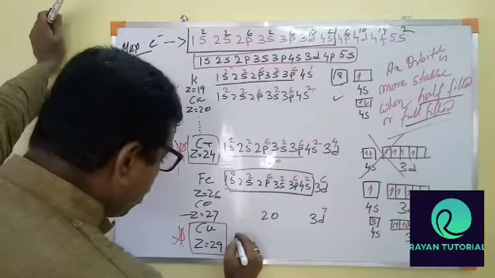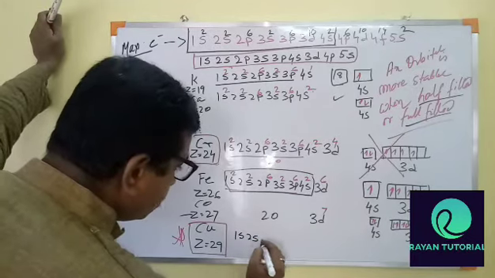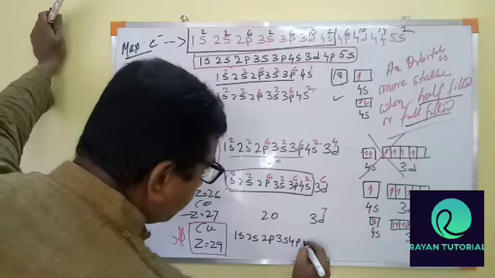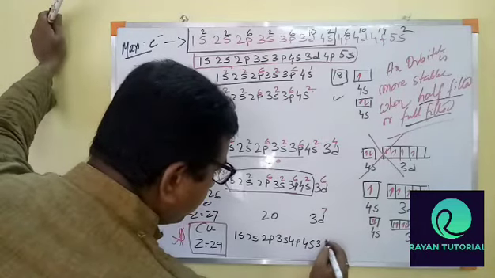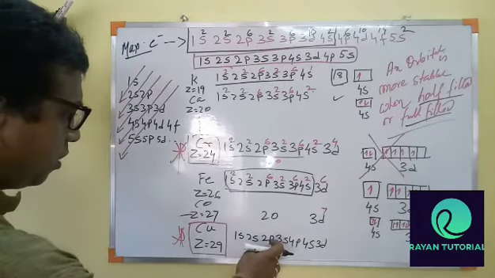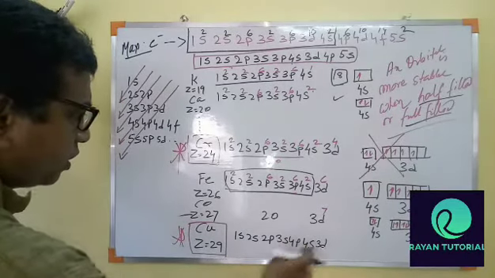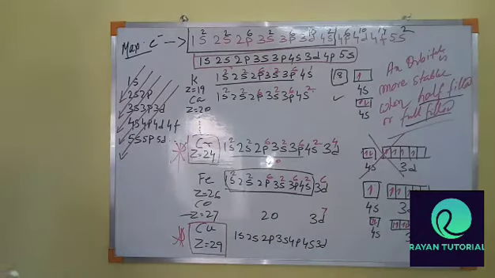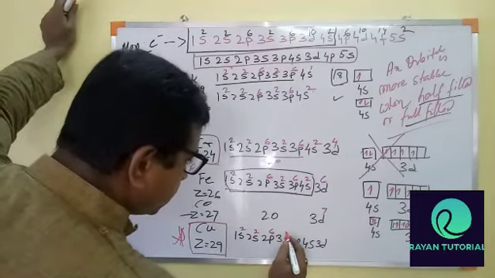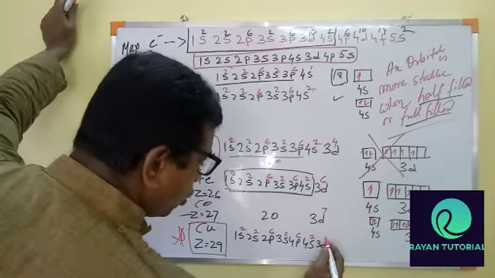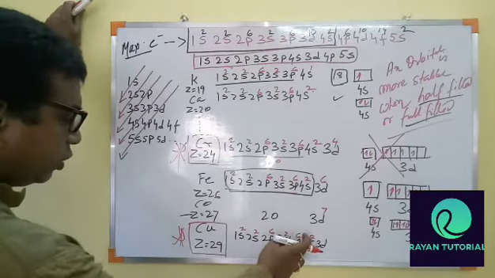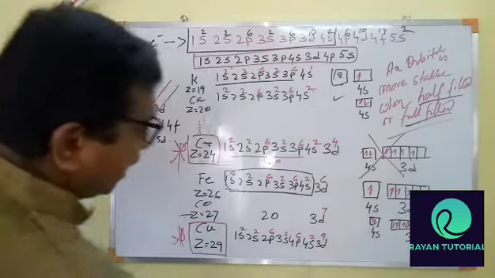Copper comes for 1s, 2s, 2p, 3s, 3p, 4s, 3d. So 2, 2, 6, 2, 6, 2, 2 to 4, 4, 16, 12, 18, 20 and here 9.